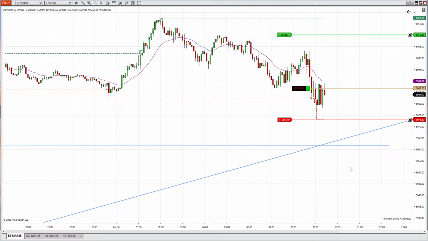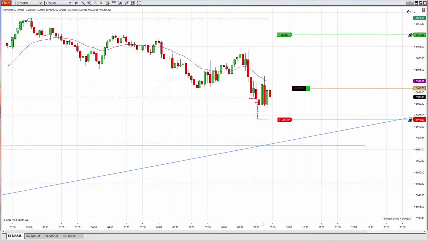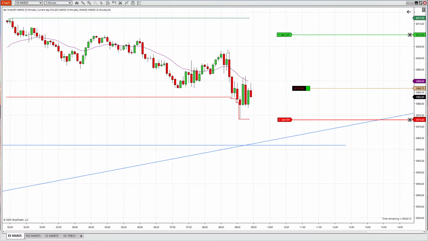Alright, so this is signal bar, no entry. This is an outside bull bar, signal bar.